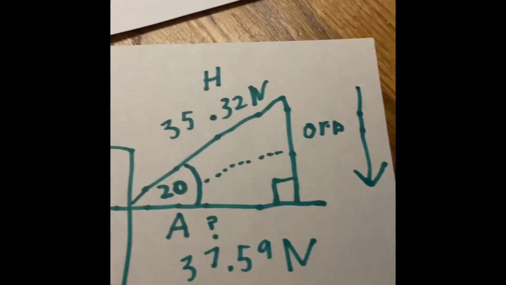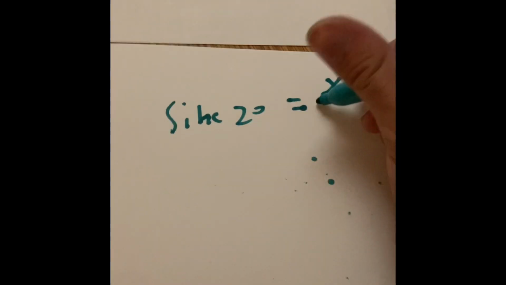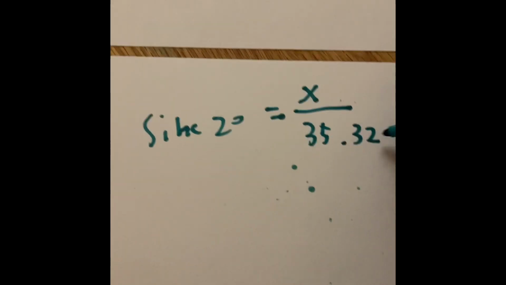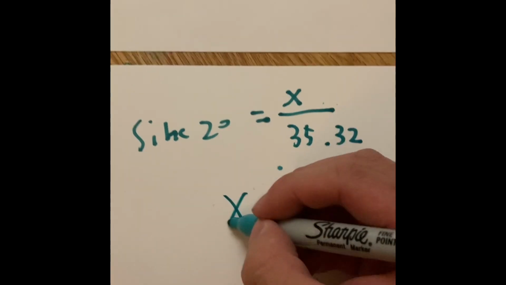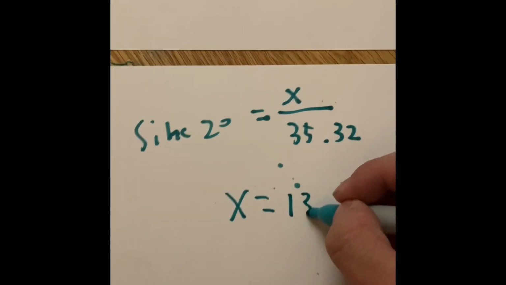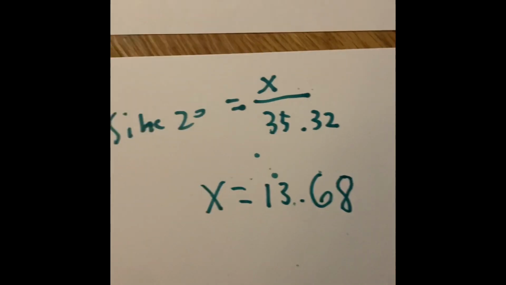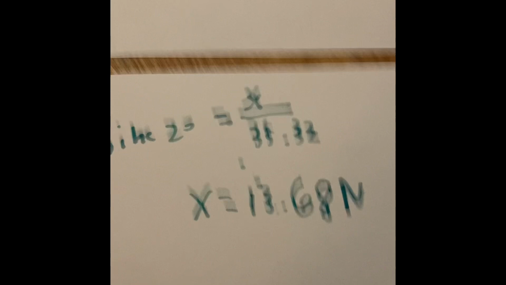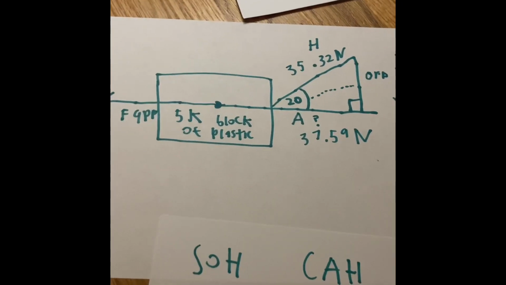We do know what our hypotenuse is, 35.32 newtons. So we divide by 35.32. When you do that, you're going to get an answer of x equals 13.68. So 13.68 newtons is the amount of force and pressure that you're pushing to the ground, or vertically on the ground.